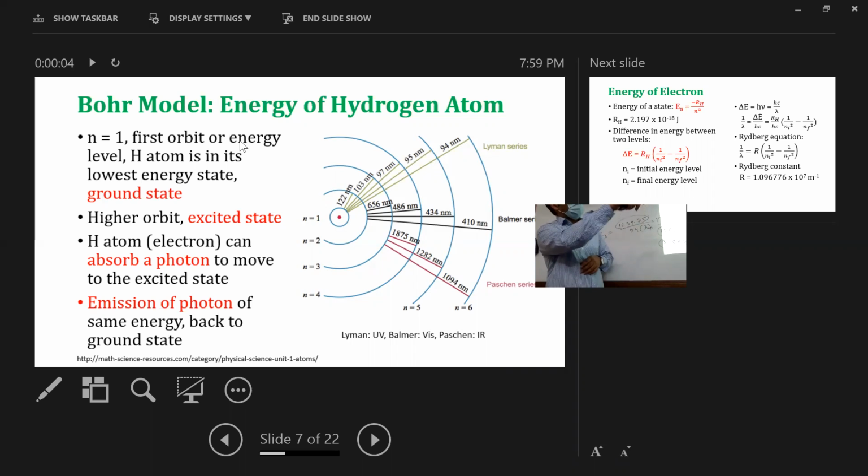As we have already mentioned, when the electron releases energy, it cannot radiate just any wavelength, because it cannot radiate energy corresponding to a position in between 5 and 6, or in between 4 and 5. It needs to release a specific amount of energy so that it can come back to the 5th, 4th, 3rd, 2nd or 1st, like this. So only that much energy can be gained or lost to transfer from one orbit to another, or one shell to another shell.